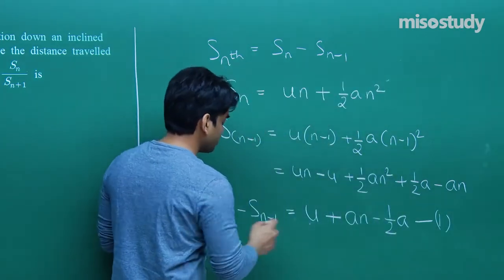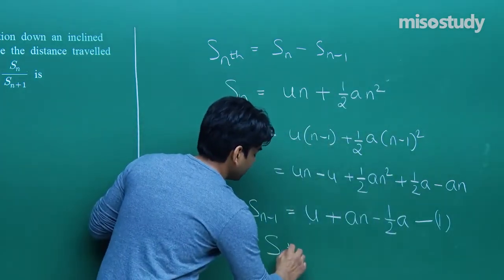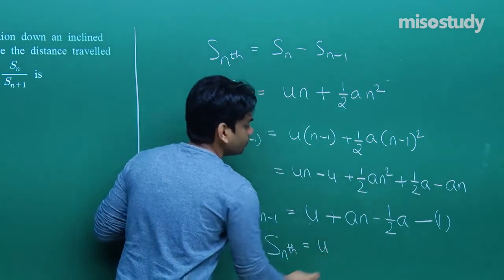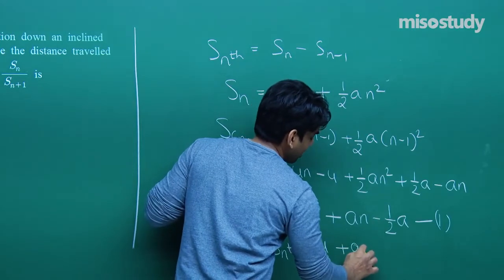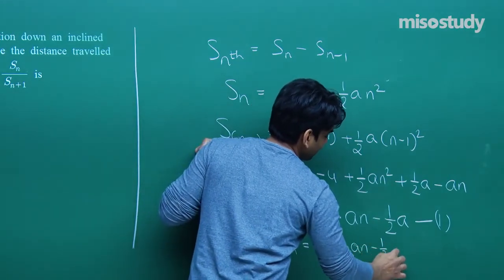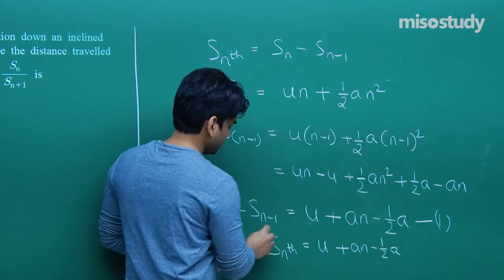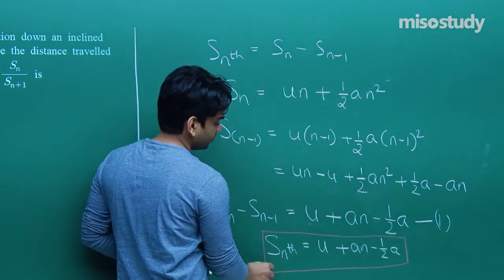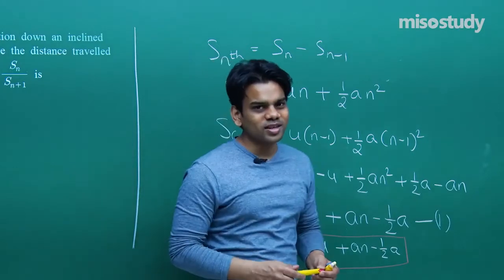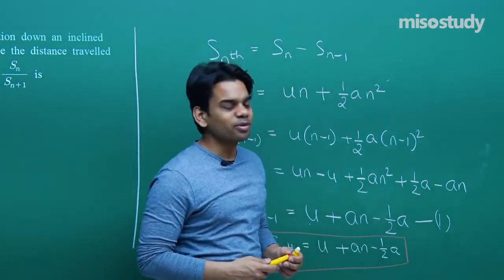Let me write a proper equation. Distance traveled in nth second will be u plus an minus half a. This is one equation. If you can learn it by heart, it will be very good for you. u plus an minus half a. That's quite simple for us to easily remember.